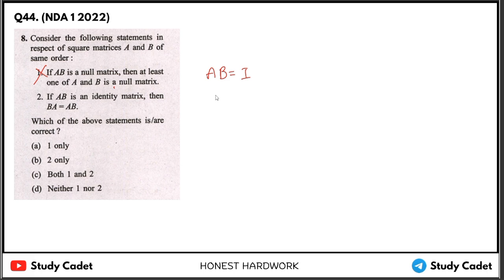So if we multiply by A inverse on both sides, what will happen? B will become A inverse. Okay, so A inverse into A equals A into A inverse, so it is right.